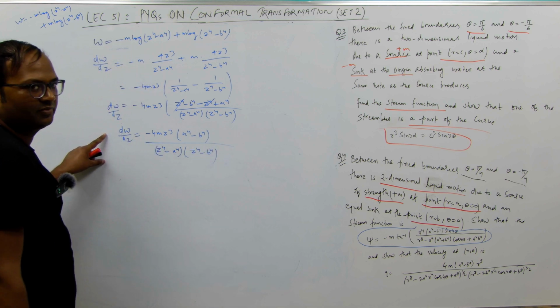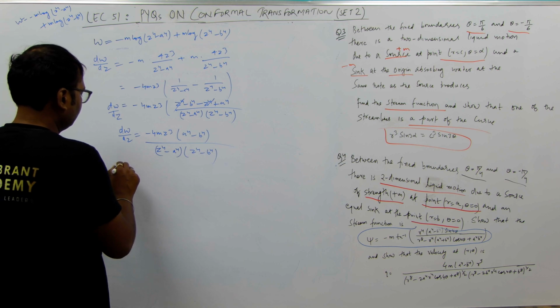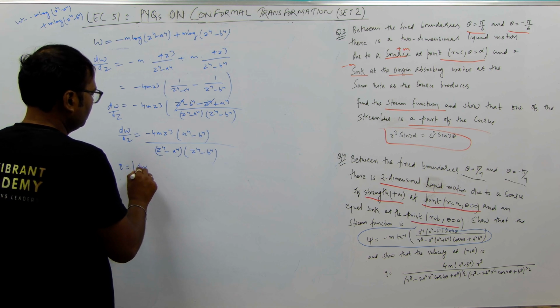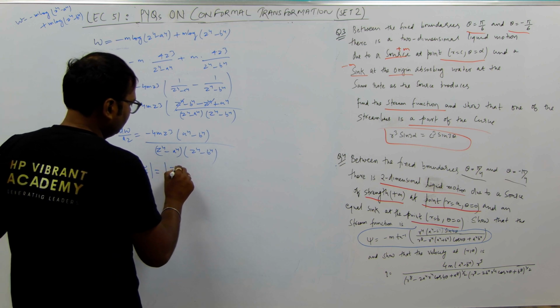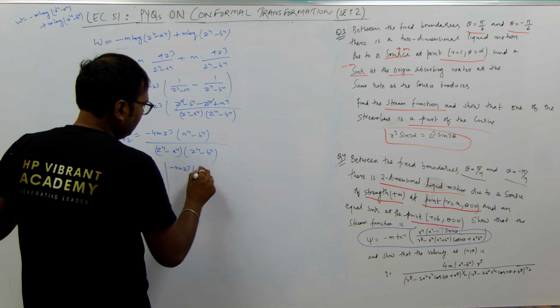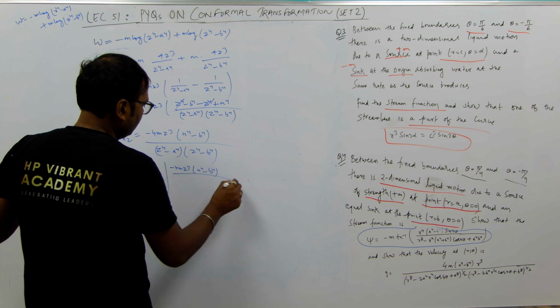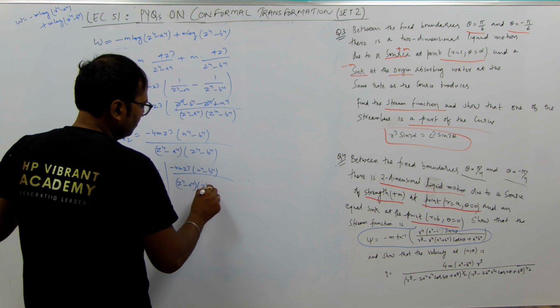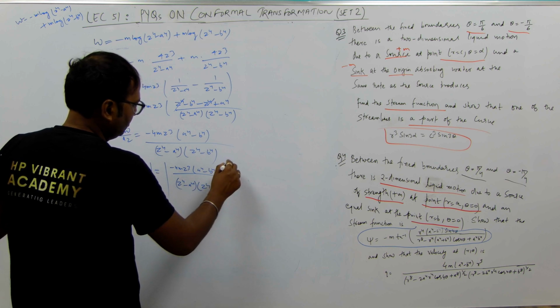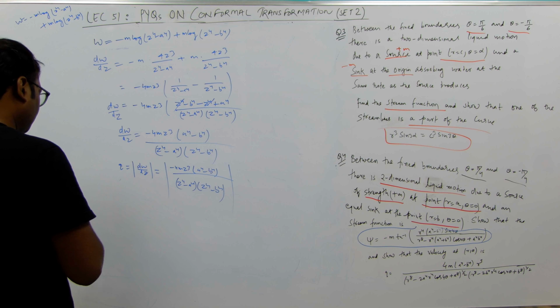So we have the complex velocity as the mod of this value. Q is equal to mod of dW/dz. So this is the mod of this whole term, -4m z^3 (a^4 - b^4) upon (z^4 - a^4)(z^4 - b^4). So let us further simplify this.